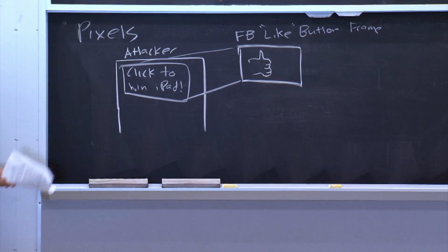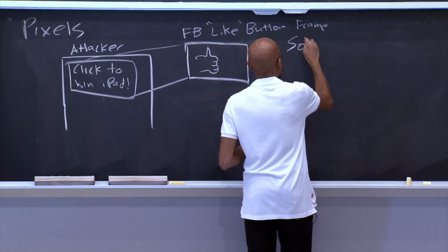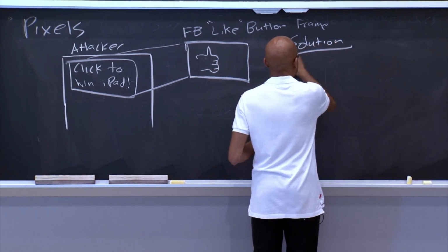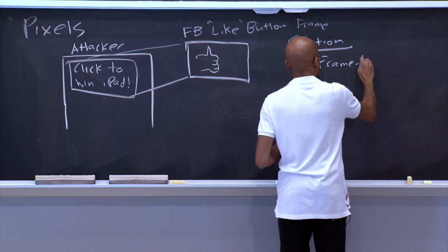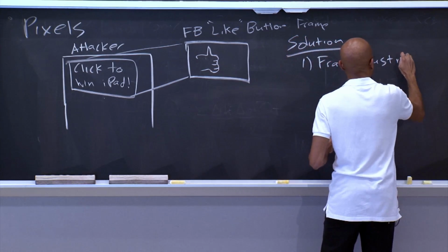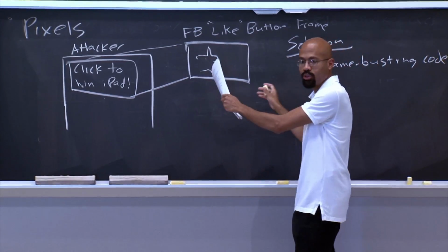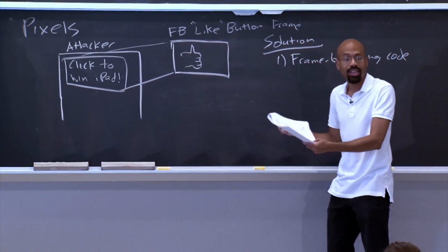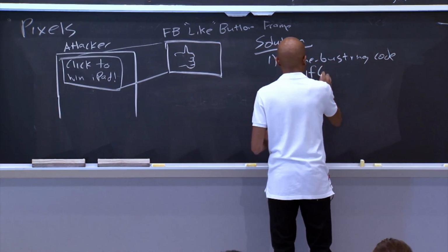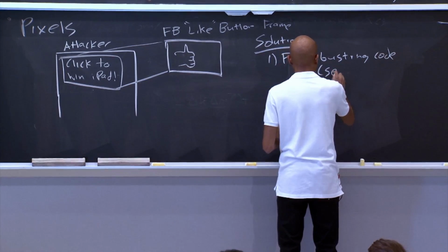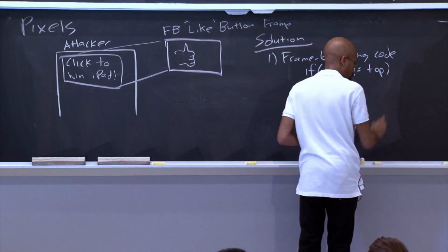Okay, so there's a couple different solutions you can imagine for solving this. The first solution is to use frame busting code. You can use JavaScript expressions to figure out if you have been put into a frame by someone else. One of these tests is to compare the reference self to top.